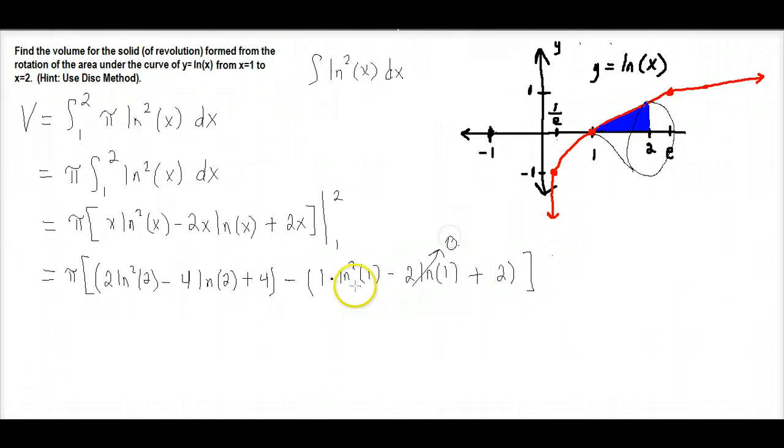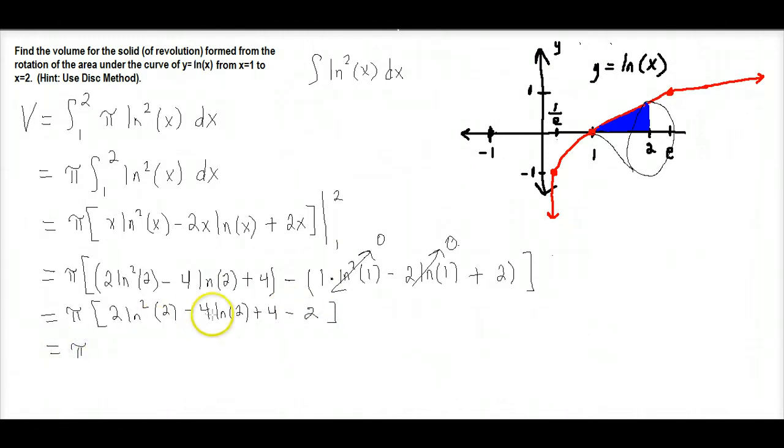So this particular term turns to 0. This whole term here will turn to 0. And so what we have left here would be 2 natural log squared of 2 minus 4 natural log of 2 plus 4. And then here we'll just have minus 2.